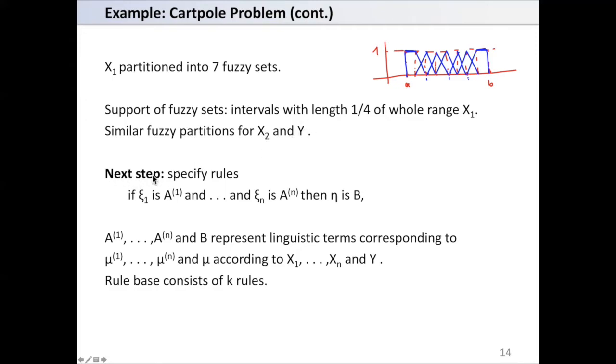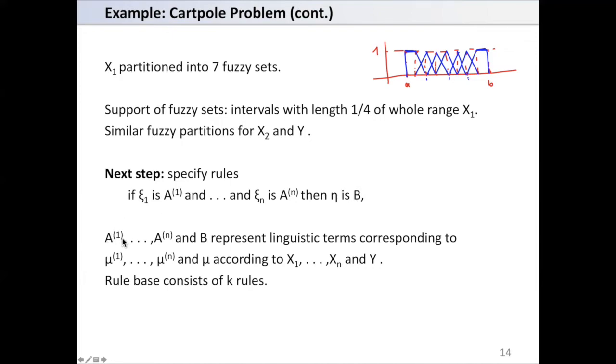The next step is to specify rules in the form: if x1 is some fuzzy set, and the other specifications, and xn is this fuzzy set, then the output y is b, another fuzzy set.